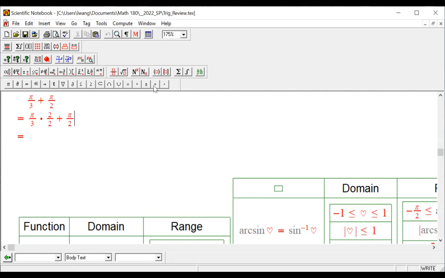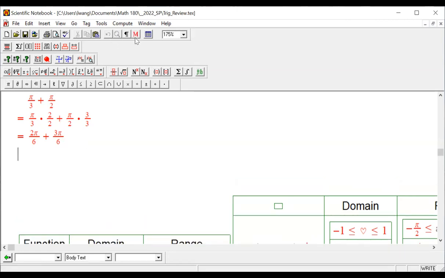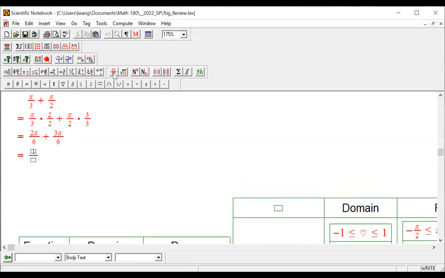And this one needs a 3, so we multiply 3 over 3. Anything times 1 stays the same. So here you're going to have 2 pi over 6 plus 3 pi over 6. In the end, we're getting 5 pi over 6. There you go.